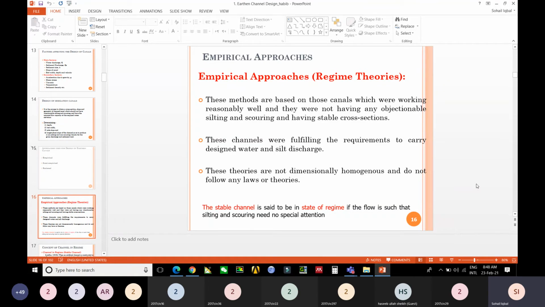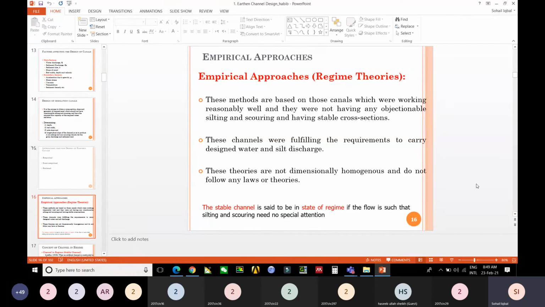So empirical approaches will be different for different scientists or designers. These methods are based on canals which were working reasonably well, without any objectionable silting and scouring, and having stable cross sections.